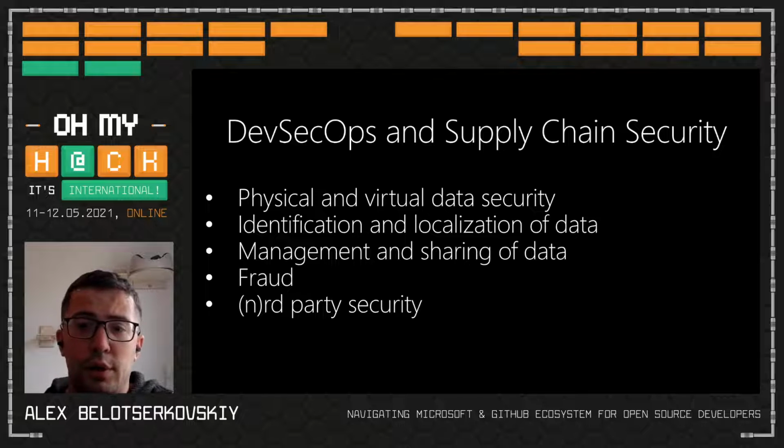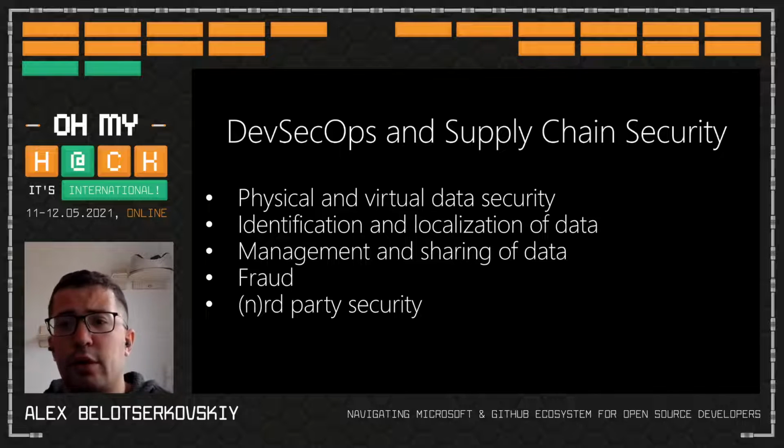If you're working on supply chain security or DevSecOps, you need to work on all of these bullets, because all of them will compromise your deployment in case of lack of attention.